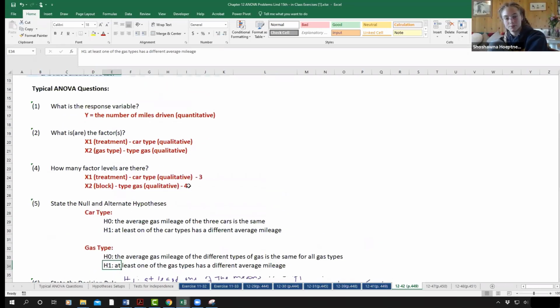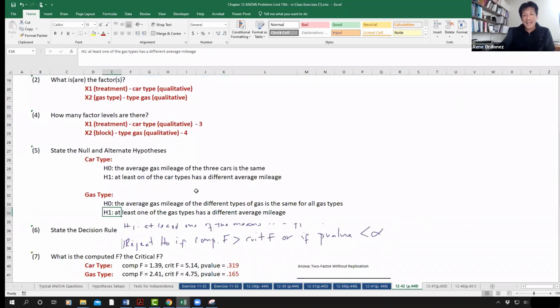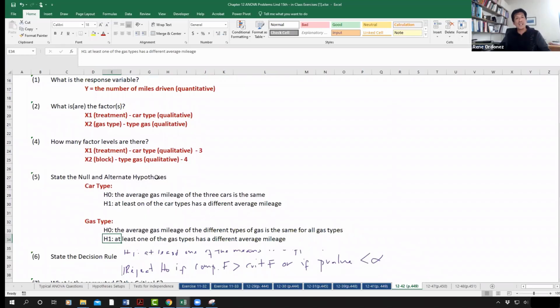Now, there will be times when you would want to see if there is an interaction effect, meaning combining a car type and gas type. That is, if you combine a particular car with a particular gas type, does that produce a different mileage?